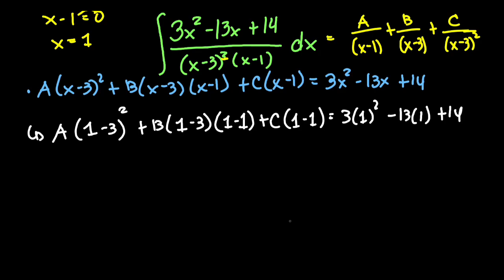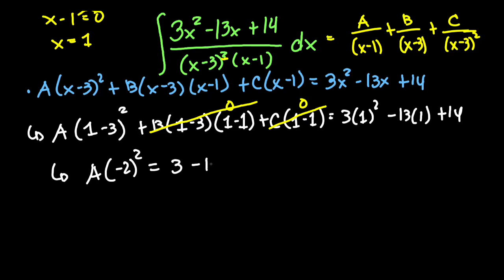So let us calculate. You can see 1 minus 1 here would be 0. And so anything that is multiplied by 0 is 0. So this should be all equal to 0, including also this, 1 minus 1 is 0. And so what you are left with here is 1 minus 3, which is negative 2, equal to 1 squared, which is simply 1, multiplied by 3 would be 3 minus 13 plus 14.